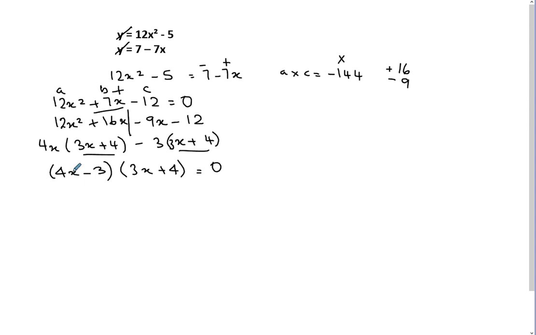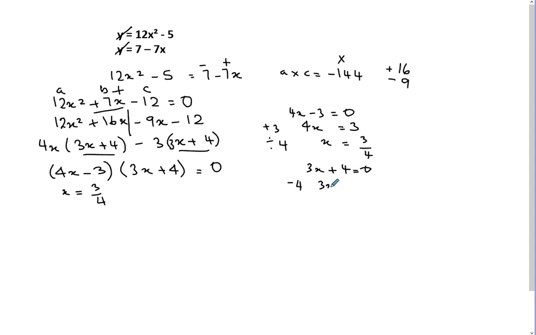And I took this particular example because I wanted to show you how to play around with fractions. For that to be 0, you've got 4x minus 3 equals 0. You add your 3 and you get 4x equals 3, and then divide by 4 and x equals 3/4. Okay, so x equals 3/4, and for that one you've got 3x plus 4 equals 0, minus the 4, and you've got 3x equals minus 4, so x equals minus 4 over 3, which is minus 1 1/3.